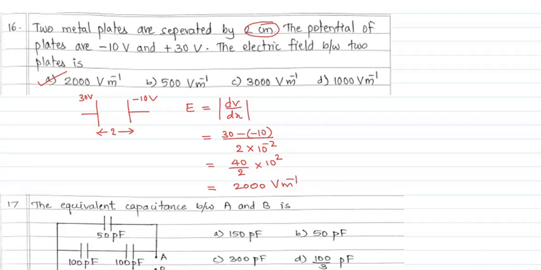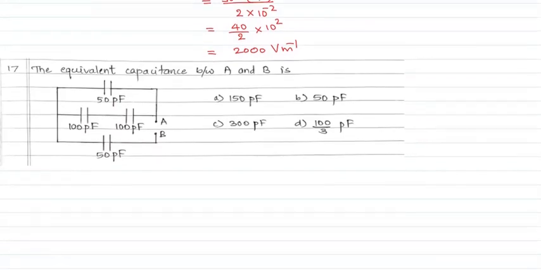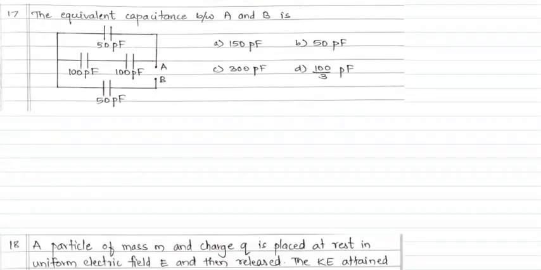Next, 17th. Equivalent capacitance between A and B. Again, if you closely observe, students, without solving you can have the answer. Now this B, imagine that you are holding it in hand and pulling it in clockwise direction. If you pull it in clockwise direction, you will have 50 over here. So this is B. You will have 50 picofarad over here.